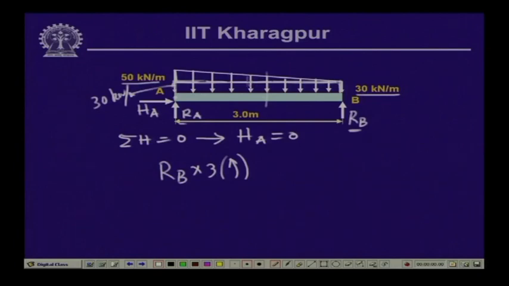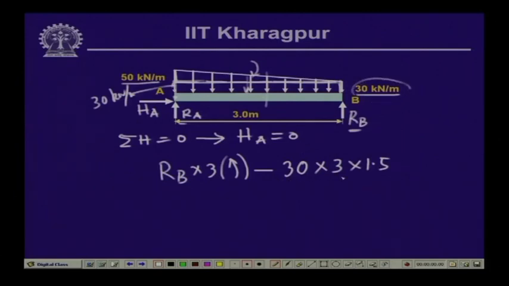Now, this load, if we take the moment of all these uniformly distributed loads over here, they are causing a clockwise moment. So, this is negative. So, minus of 30 into 3 into 1.5 is the contribution due to the uniformly distributed load, which is 30 kilonewton per meter.